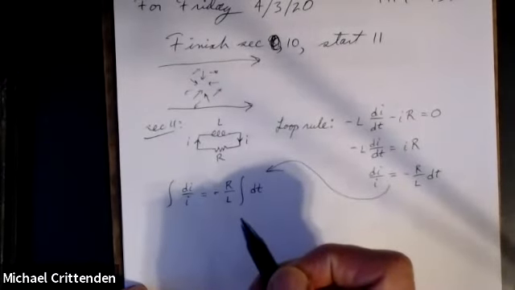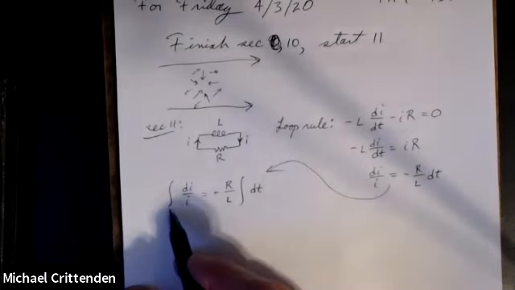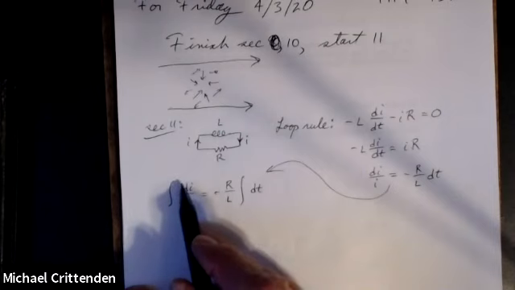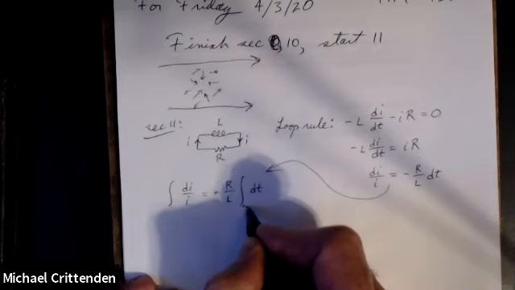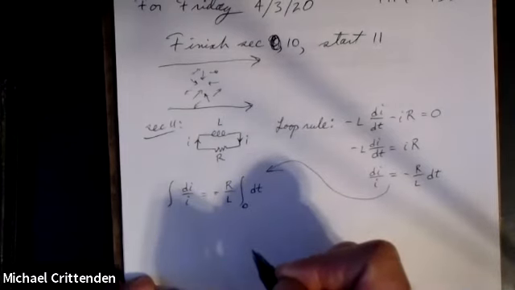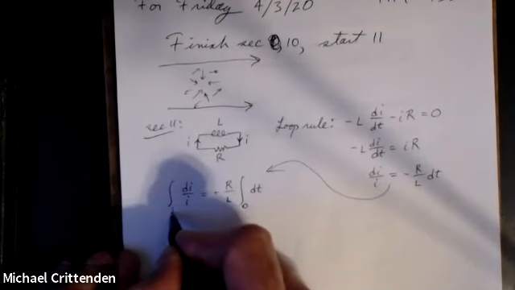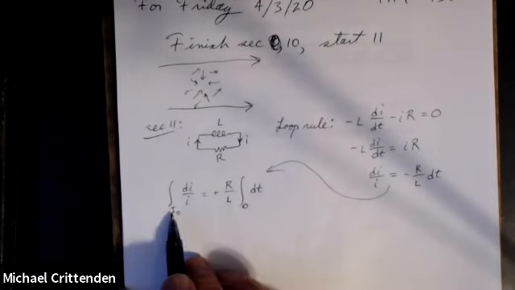Limits of integration. What's on the bottom on one side has to correspond to what's on the bottom on the other side. What's on the top over here has to correspond to what's on the top over here. So at t equals 0, that's when the switch got thrown. At t equals 0, we'll call the current at that moment, the original current, I0, as in the current at t equals 0.